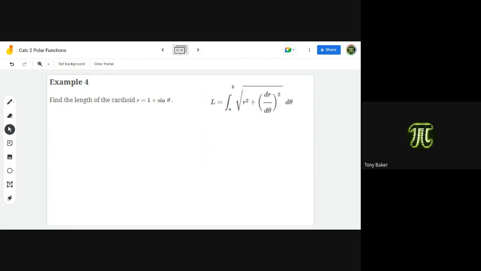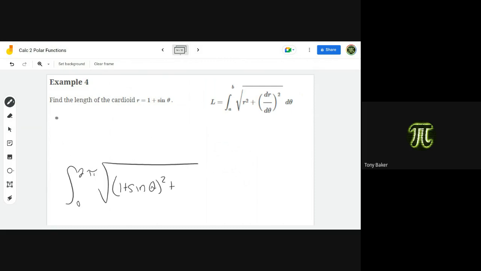So if we're looking at our cardioid, where does it start and where does it end? What's my a and my b for this one? Yeah, it goes 0 to 2 pi. It goes all the way around. Okay, so square root, my r is 1 plus sine theta, squared.